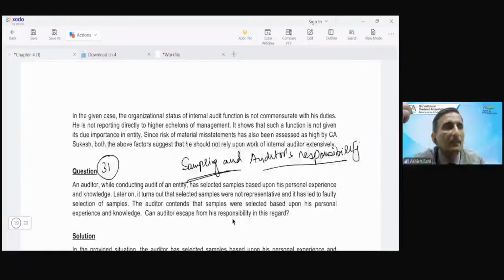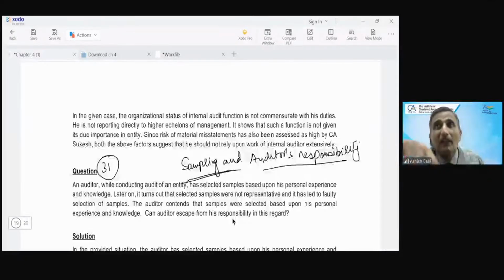Can the auditor escape from his responsibility? Yes, the auditor cannot escape from the responsibilities.